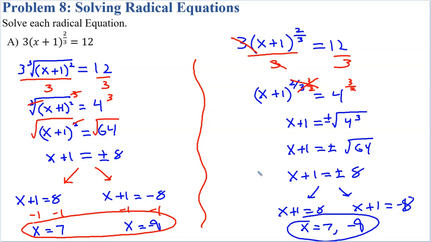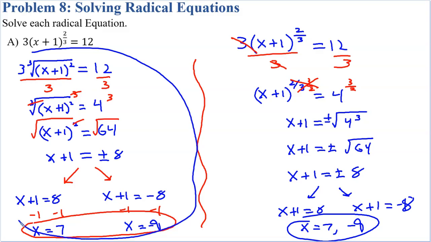Two ways to think about it. Again, really doing the same thing, same amount of steps. I guess I just recommend using the roots and powers just because it's probably a little bit simpler. Okay, number 8, part B, same idea. Pause the video, work through that one. Check your answer before we move on.